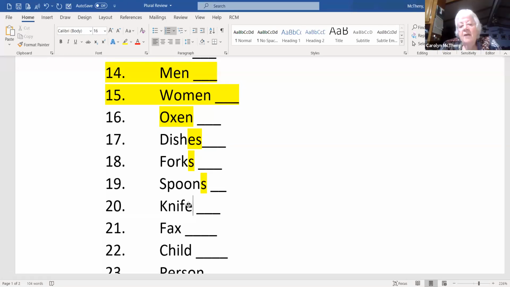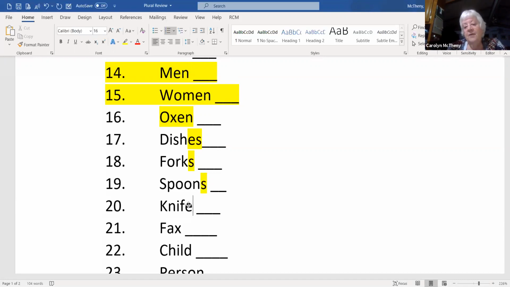Okay, knife. That's something else that you have on the table to eat with. This is an irregular, and we're going to have to change a letter inside the word. Knife is K-N-I-F-E. But if you have two of them, Lydia, do what I tell you.